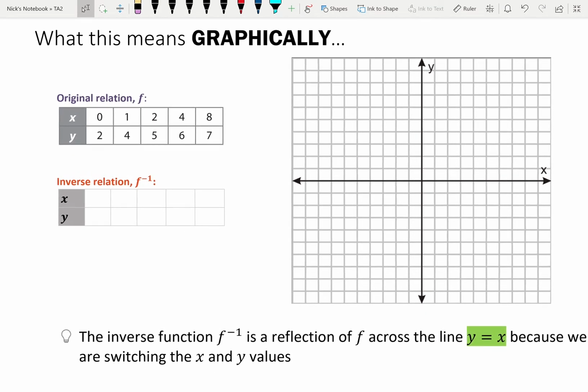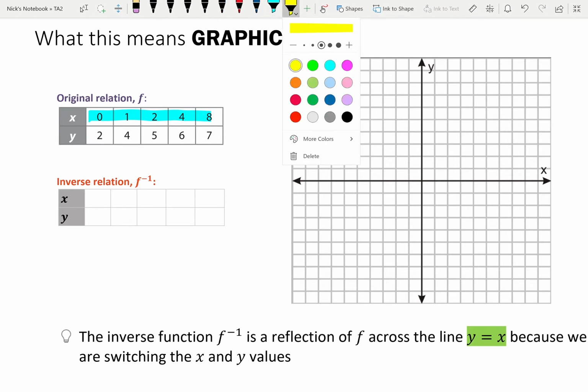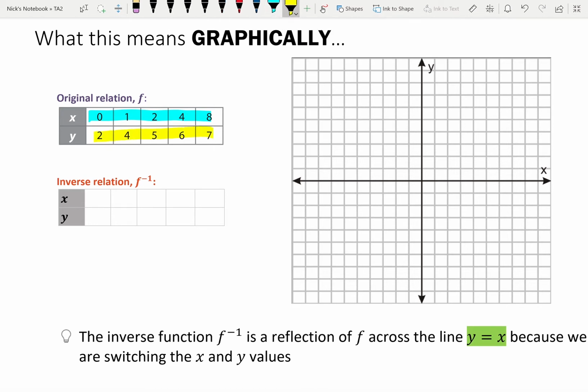Okay, so let's take a look at this relation where we have a set of values x, and then we have a set of values y, and then let's go ahead and just graph this first. Okay, so we have 0, 2, so 0, 2, I'm going to graph all these.